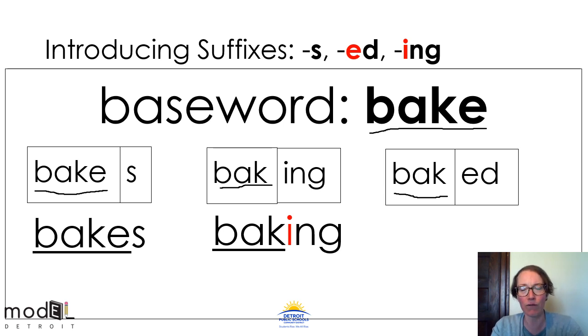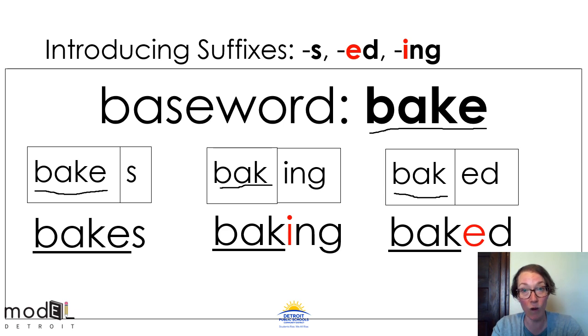What type of letter is that? It's a vowel. Look at this one. If I look at the suffix ED, the suffix begins with a vowel as well. When we have a word that has a magic E on it, and the suffix begins with a vowel, the magic E becomes invisible. We can't see it anymore.